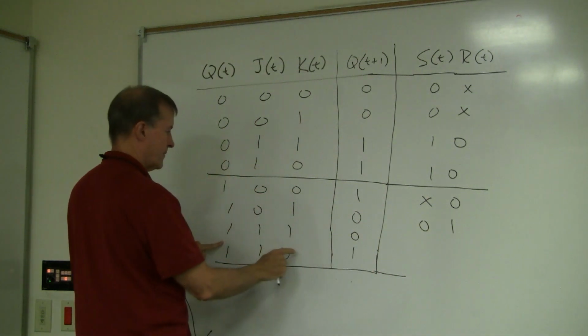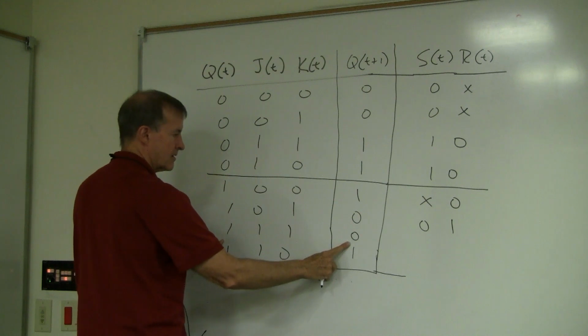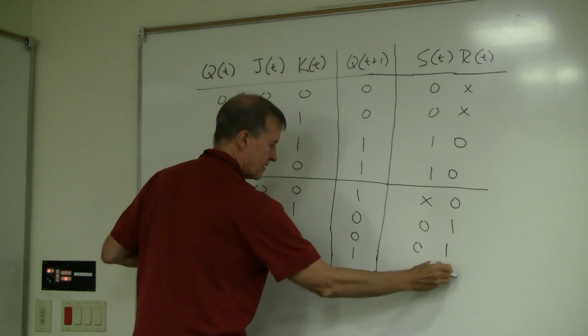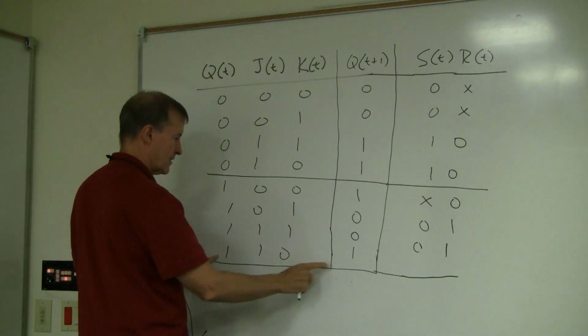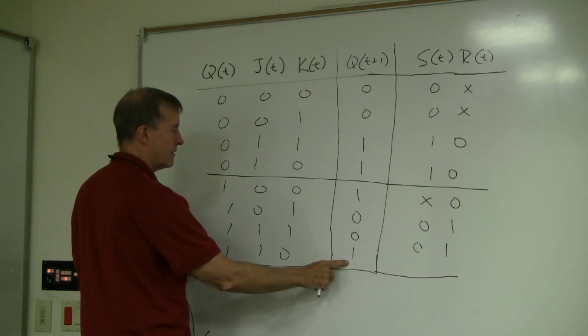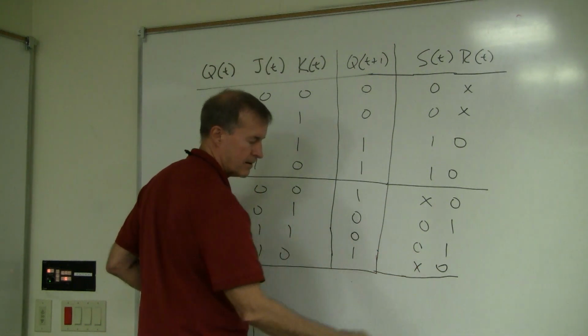A 1, 0 transition is what? That's the same thing, should be a reset. And this is what? 1, 1, either a set or a don't change, so x 0.